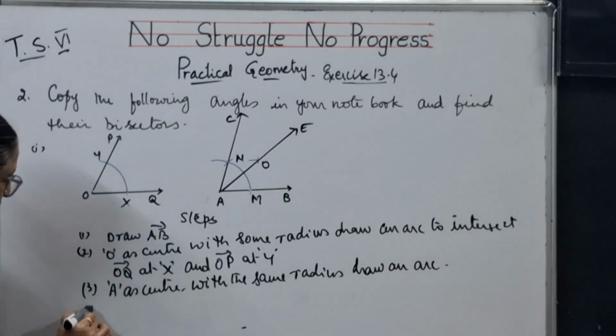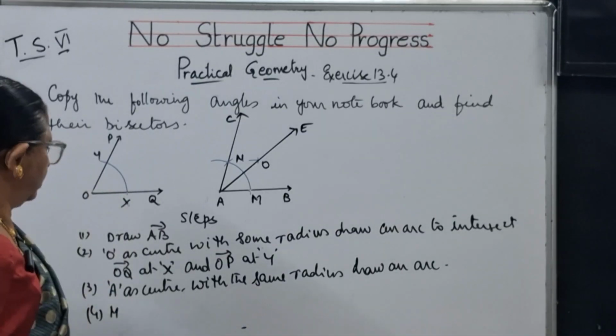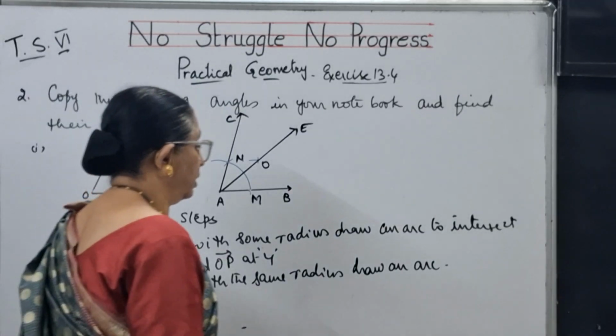Fourth, draw an arc intersecting AB ray at M.